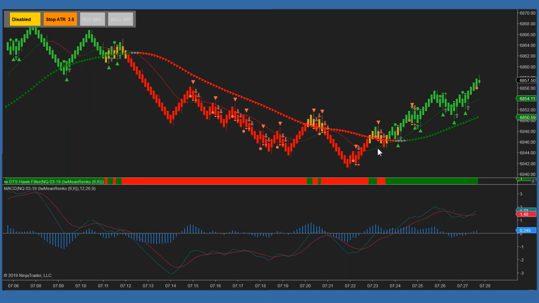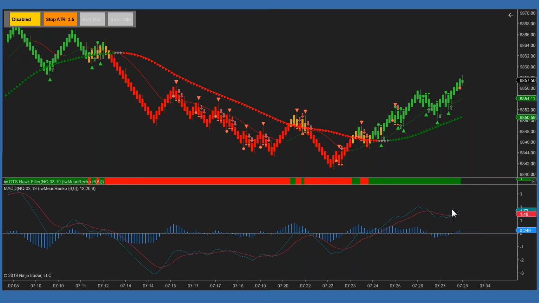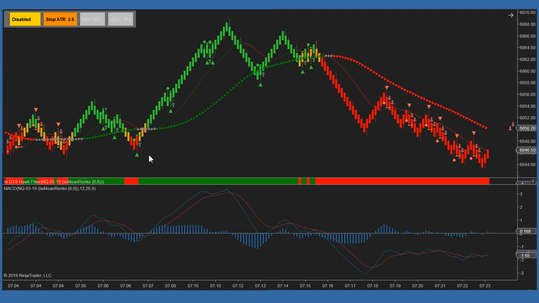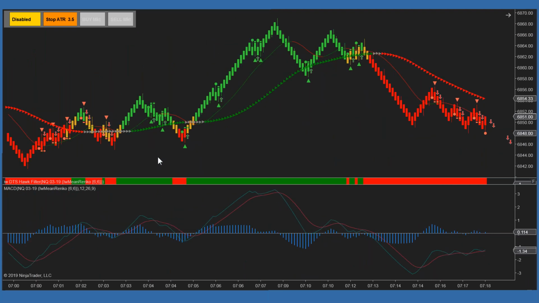Wow, it's kind of unfolding a little bit quickly here at this point, but the MACD is a little bit more bullish. So once again, that opens you up to a buy signal, should we get it. Here was a nice smooth crossover of the MACD, and your first micro-macro cross came shortly thereafter.